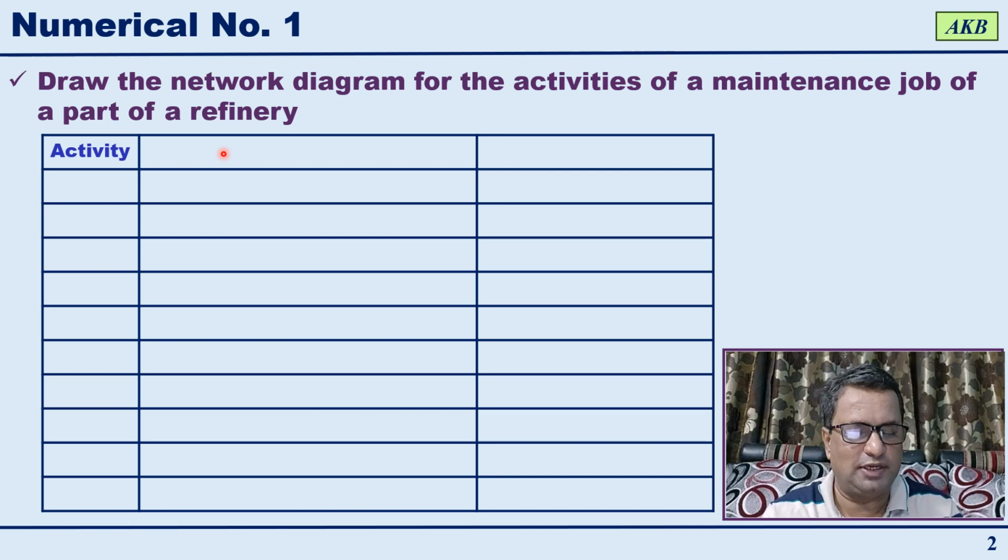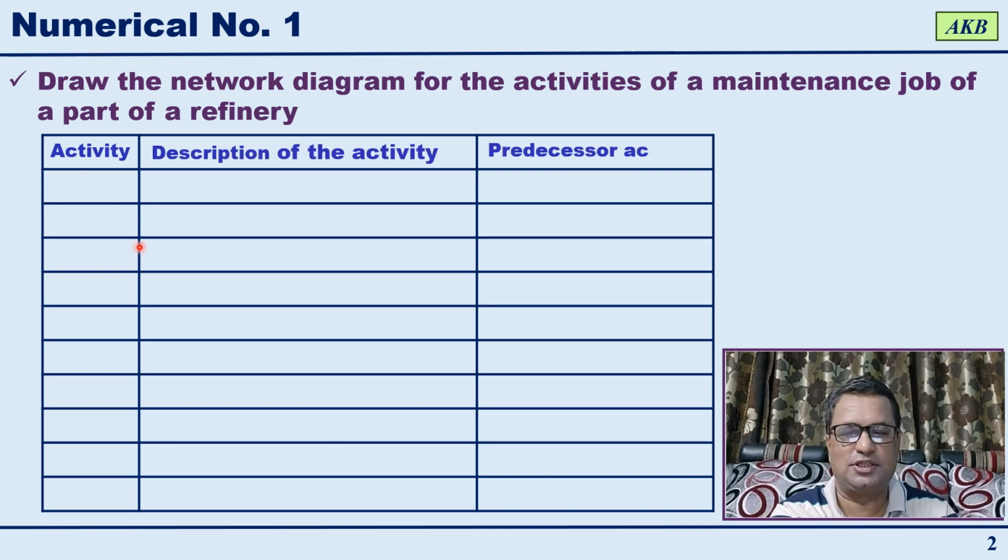Those activities are given to us in this table. In the first column you have activities, and in the second column, for each activity a brief description is given, and in the last column you have the predecessor activity. So for example, for an activity in this column, they will give the predecessor activity.